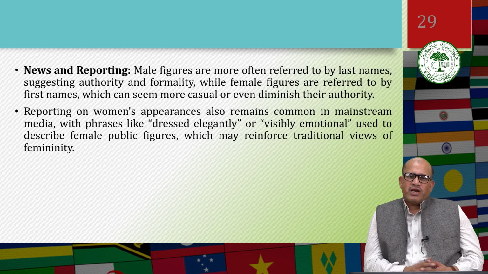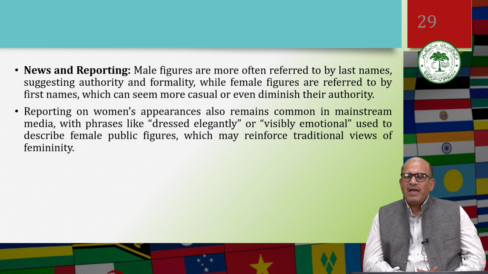In news coverage, studies have found gendered language in how male and female politicians, athletes, and professionals are described. Male figures are more often referred to by last names, suggesting authority and formality, while female figures are referred to by first names, which can seem more casual or even diminish their authority.